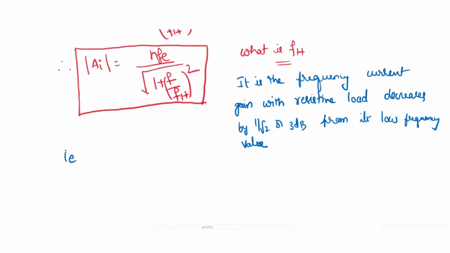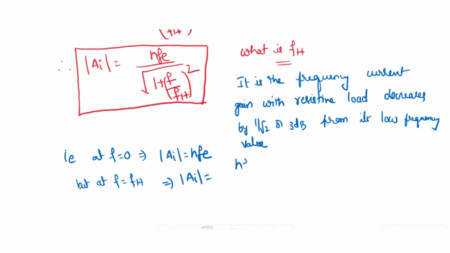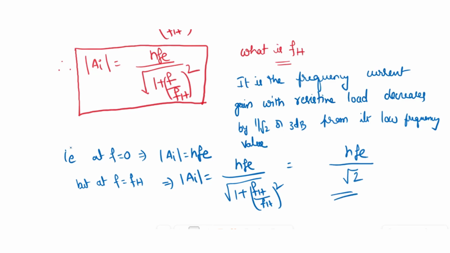At f is equal to 0, what is AI? HFE. That is the maximum value. But at f is equal to fh, your AI becomes HFE by root 1 plus fh by fh whole square. So that is HFE by root 2. So it gets decreased by 1 by root 2, or if you convert it into dBs, the dB gets decreased by 3 dB.